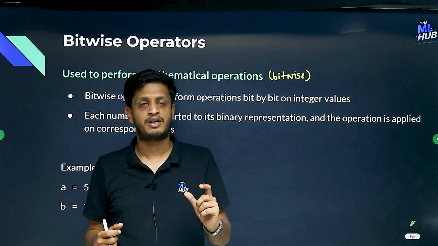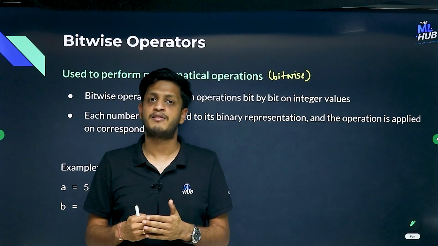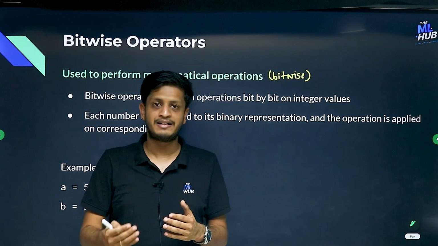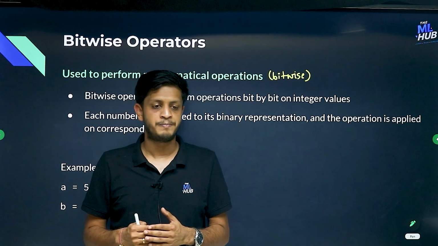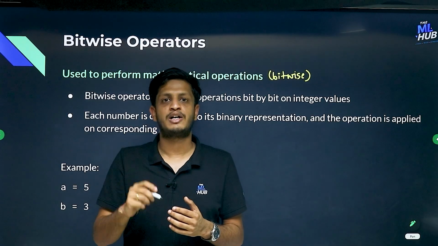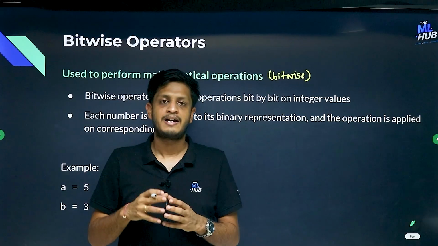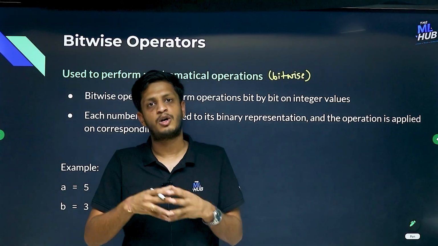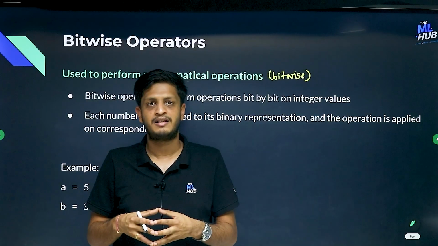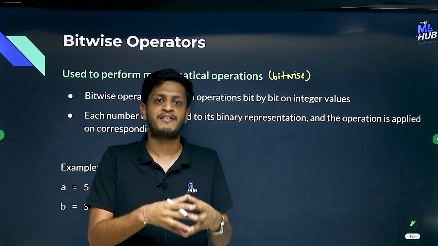That takes time. But when you are doing bitwise operations, that will be much faster, because inside the computer, when you learn digital logic, you will know the number is stored in its binary and gates are present, AND gate, OR gate, XOR gate, and using those gates only all the operations take place. And bitwise operations do exactly the same thing. They use those gates to perform the bitwise operations.